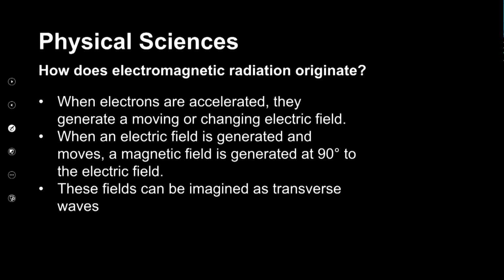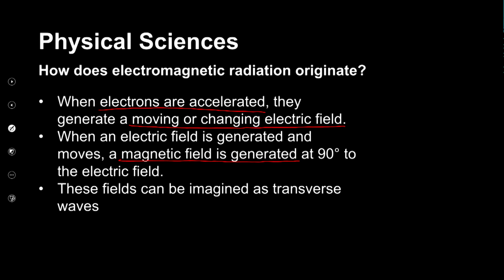When electrons are accelerated, they generate a moving or changing electric field. When this electric field is generated and moves, it is able to cause a magnetic field to be generated as well.